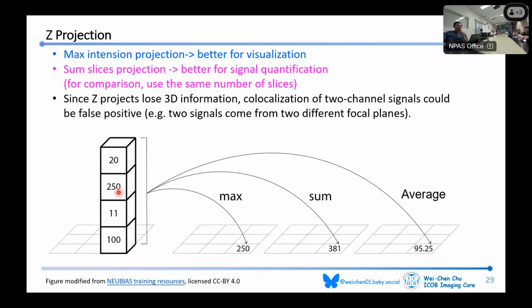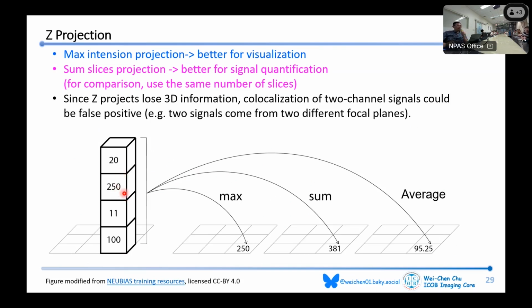If you use maximum intensity projection for, for example, colocalization analysis, you must be careful because if you see two signals are colocalized, maybe they are under different Z stack, but you merge them. It looks like on the same position, but this may not be true.